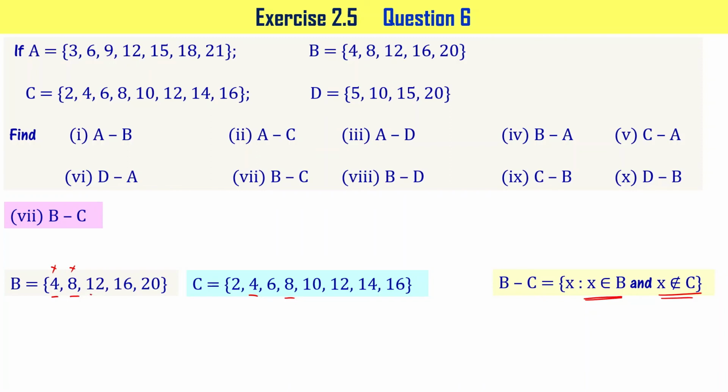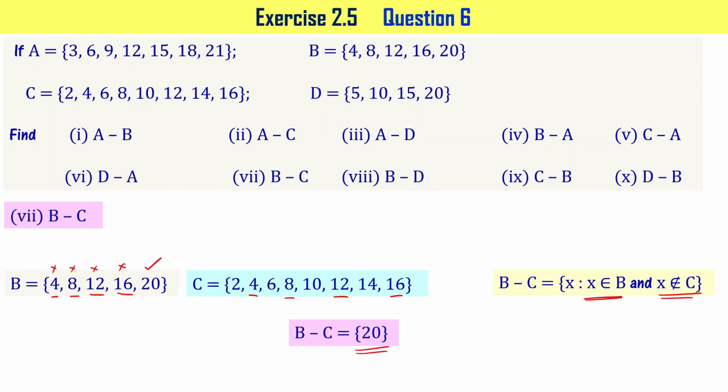And 12 is also part of both, that's why we can't include. And 16 is part of both, that's why we can't include. 20 is part of B but not part of C, that's why 20 is going to be part of B minus C. So let me write that. B minus C has only one element, that is 20, right?